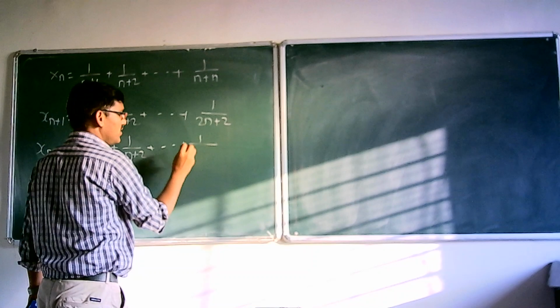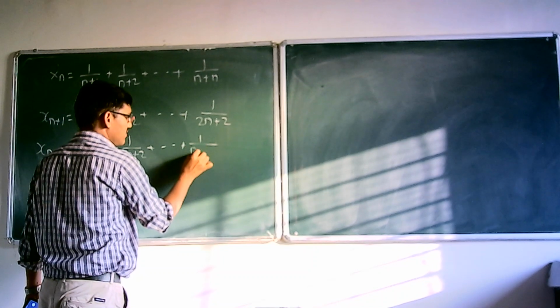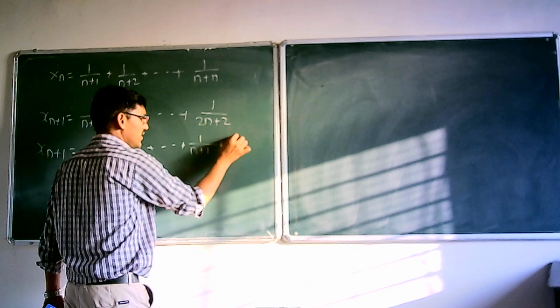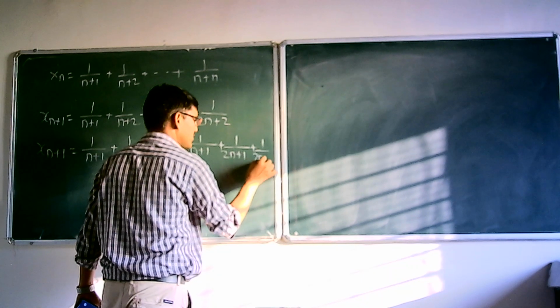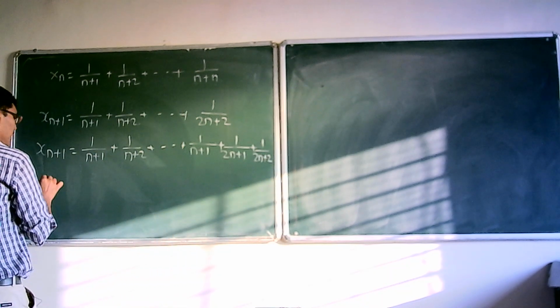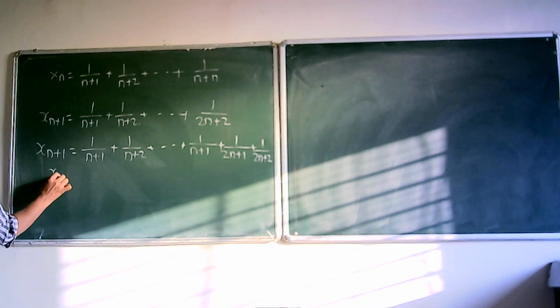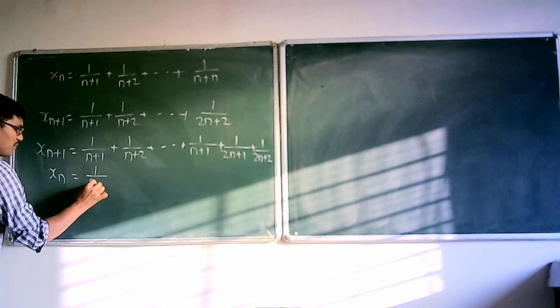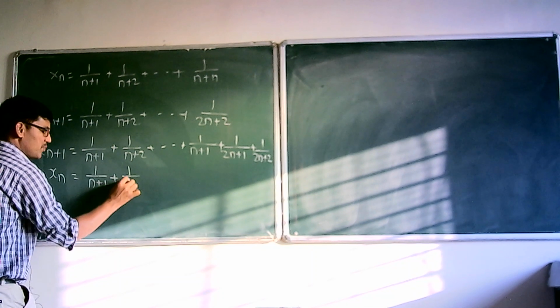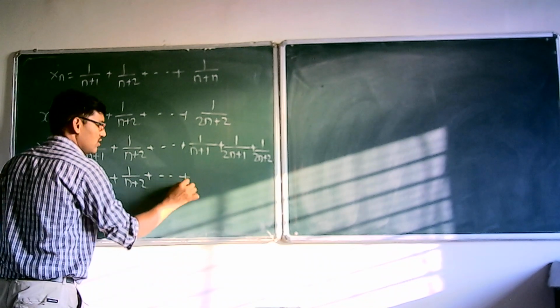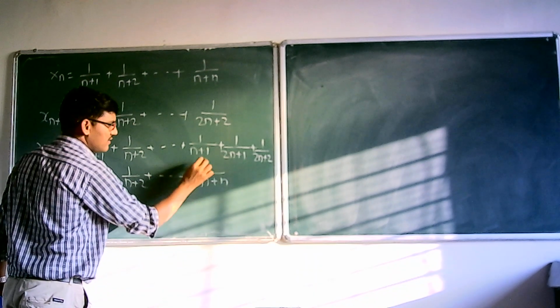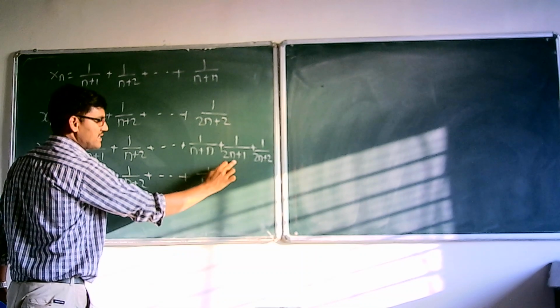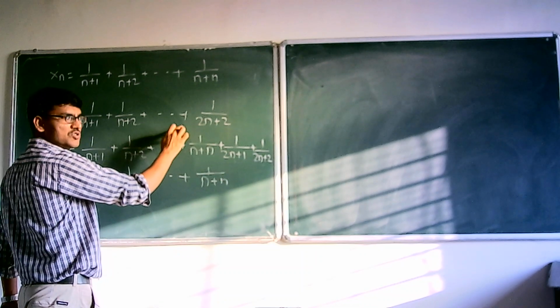It is 1 upon n plus n, that is twice n, then 1 upon twice n plus 1, then 1 upon twice n plus 2. And what is xn? It is 1 upon n plus 1 plus 1 upon n plus 2 plus dot dot dot 1 upon n plus n. This is xn plus 1.